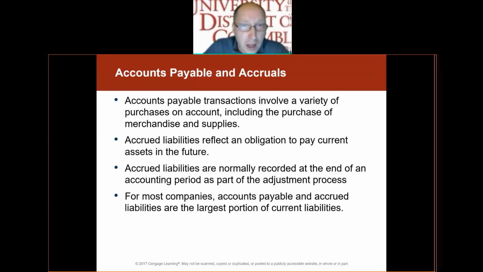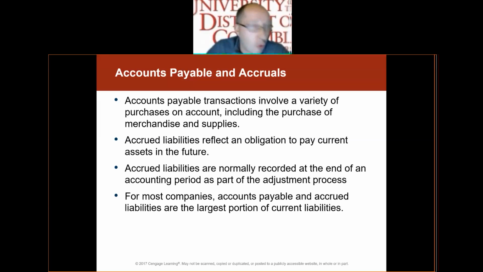Another thing that is current is what we call accrued liabilities. This is a reflection of an obligation to pay current assets in the future. It's kind of like prepaid insurance. We paid it already, but we have not yet incurred it.